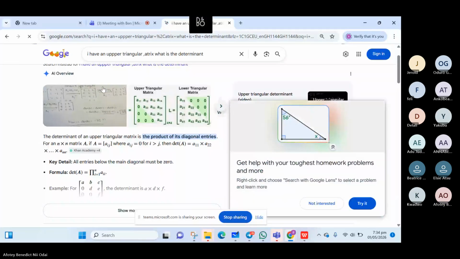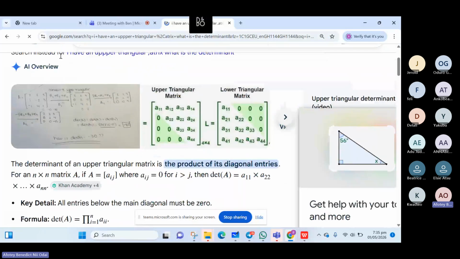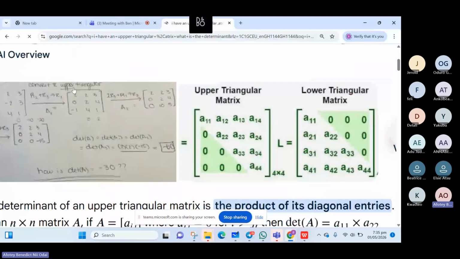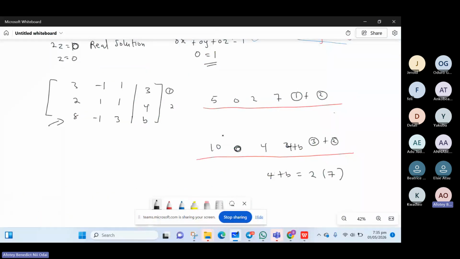Okay, if you have an upper triangular matrix, the determinant is actually the product, right? Not the trace, because that didn't make sense to me. So the determinant is the product of these 3 elements. So you can use the upper triangular matrix method in Gaussian elimination. You get these 3 things, you multiply them and equate them to 0, because we have assumed that our determinant is equal to 0 for the value of a that we got. For these 2, the determinant is equal to 0 for this matrix.